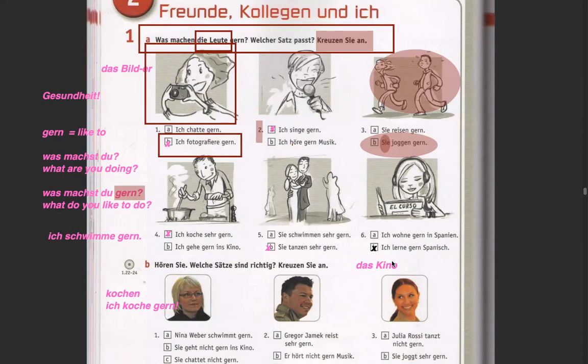You can write the sentence down if you want. Okay.